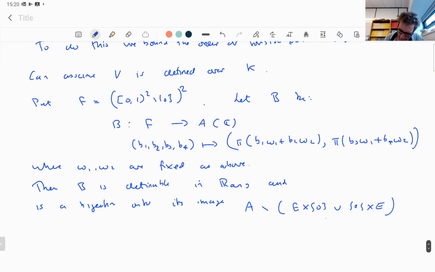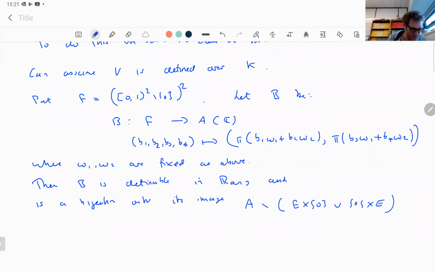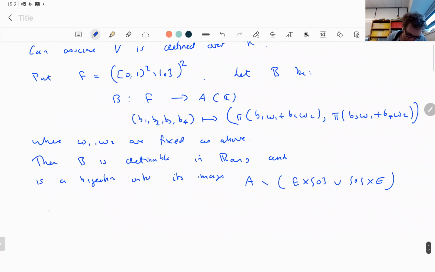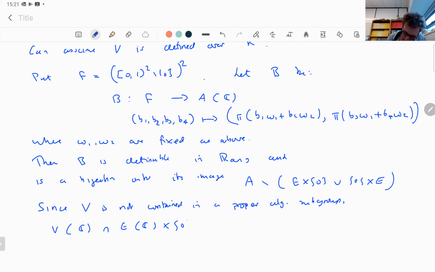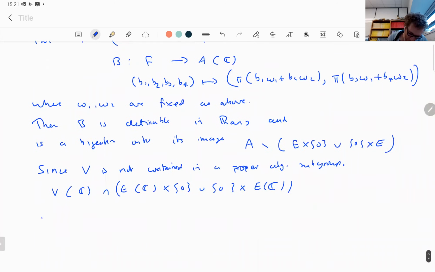So that means its intersection with this must be finite. V of C intersect this is finite.